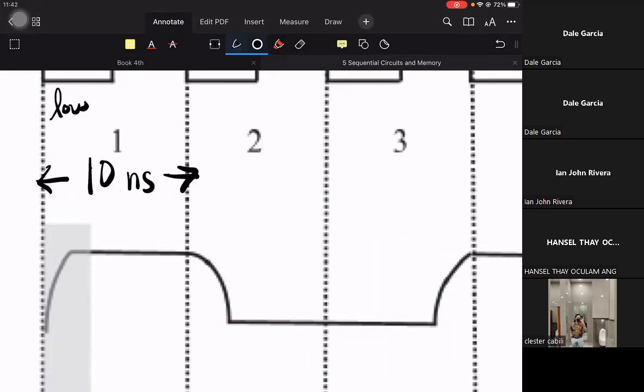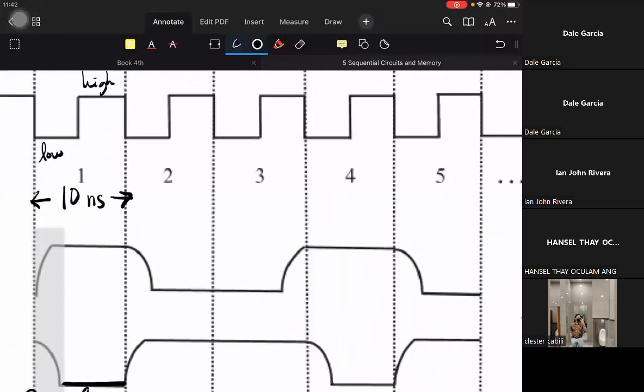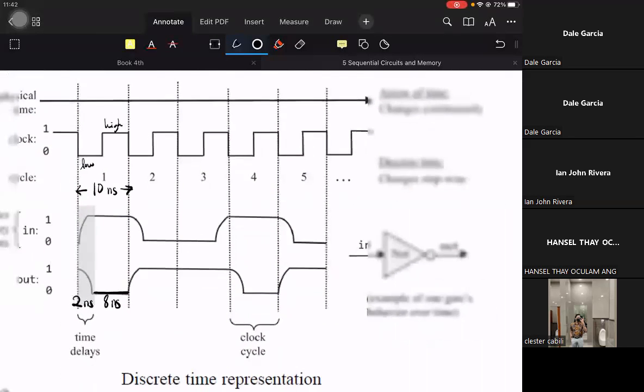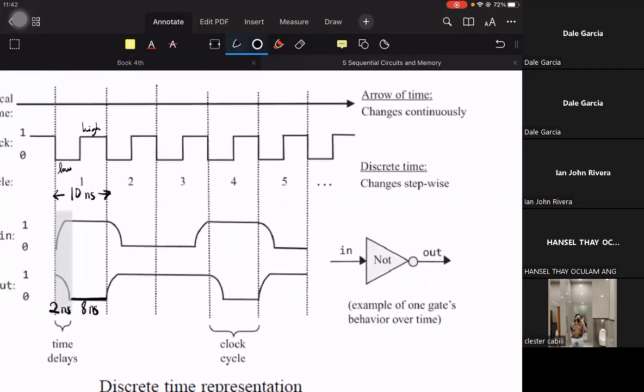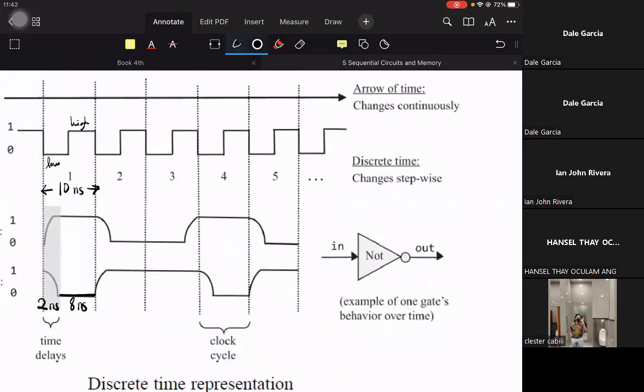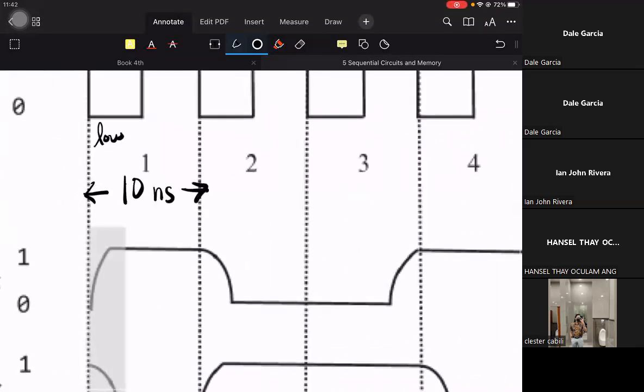If the cycle time is shorter, it will make ultimately our microprocessor or even this memory device faster.